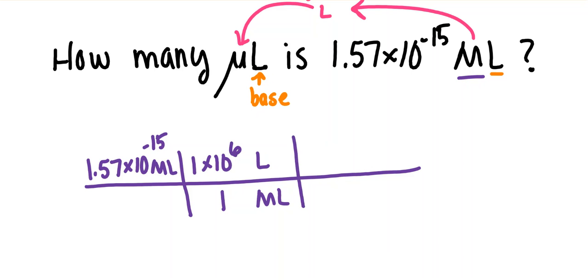Okay, and that gets rid of our megaliters. Right now our answer would be in liters. On the next step, I'm going to go to microliters. Liters is down here because it's going to cancel. We need it to cancel.